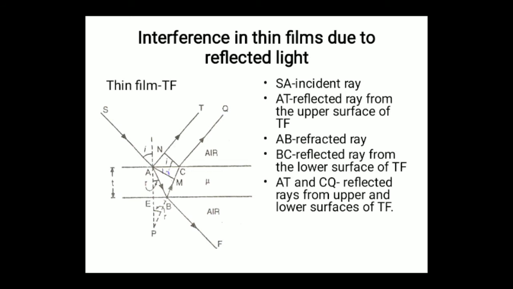But NT is equal to CQ and SA is common to both the waves. Therefore, the extra path traveled by the first wave is AN in the rarer medium, and the extra path traveled by the second wave is AB plus BC in the denser medium.